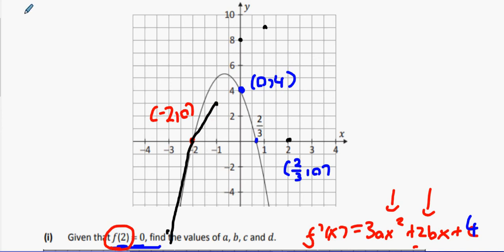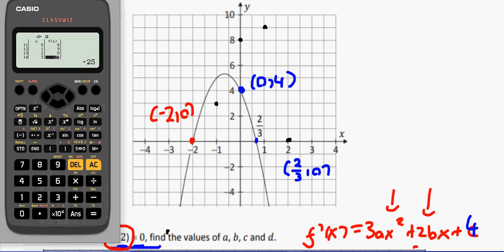Now, I could do my trick of getting some 0.5s in here, just to make the graph a bit easier on myself. So I'll go again. I'll start at minus 3. I'll end at 4, and I'll dot in some 0.5s just to make my life easy. Minus 3 is plus 5.